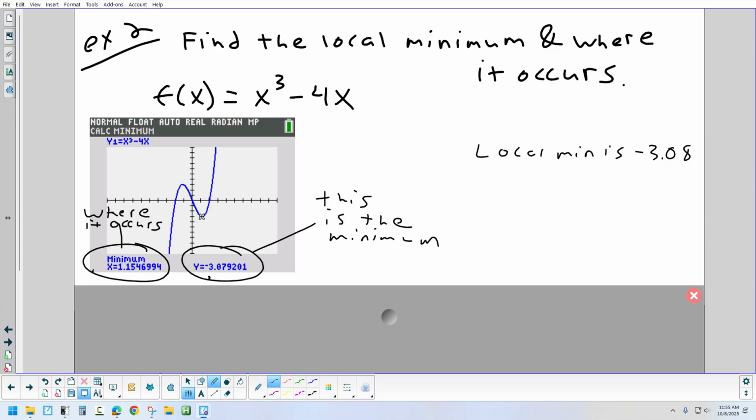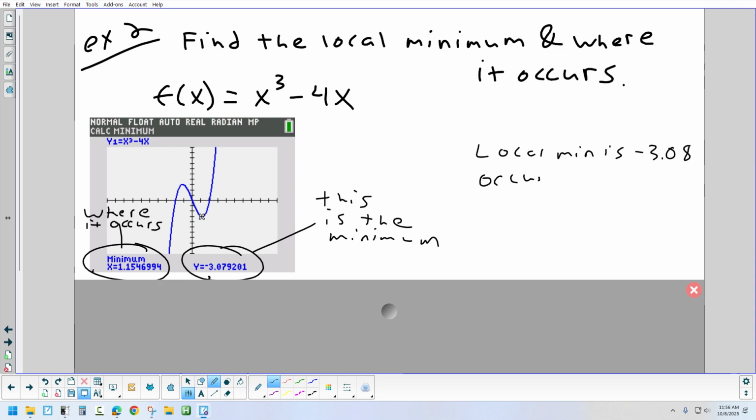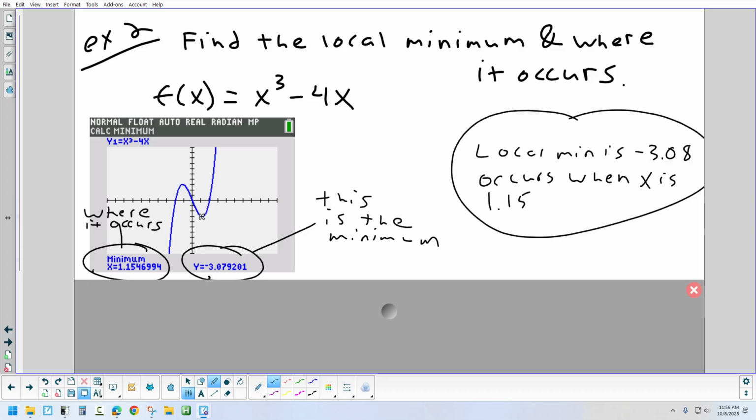Yes, and this occurs when x is 1.15. So that's how you would answer that question. You tell me what the minimum is, and then you tell me where it occurs, or when it occurs. And it's the same deal for the maximum. Okay? Same deal.